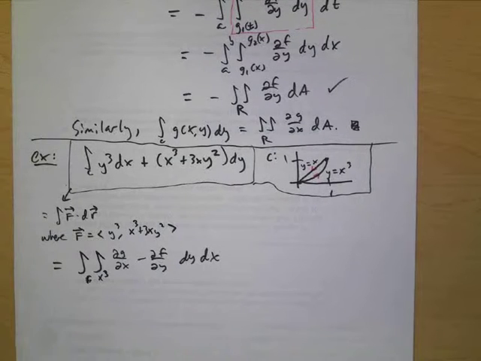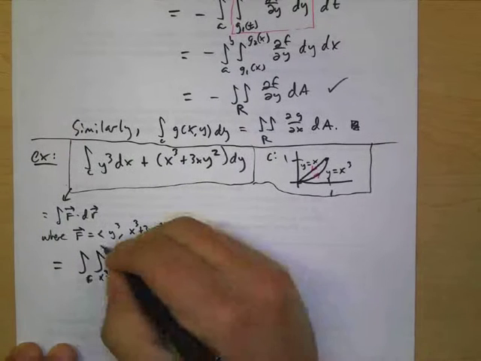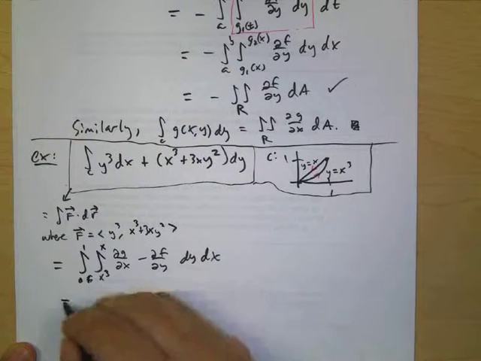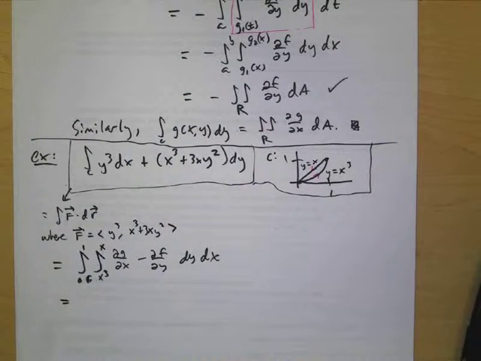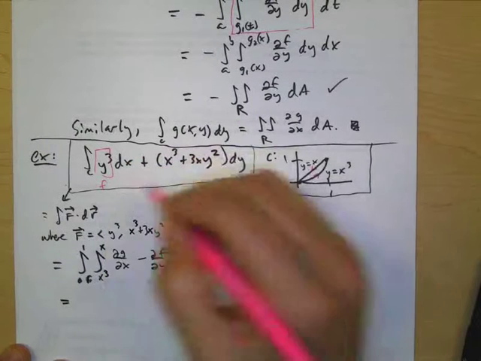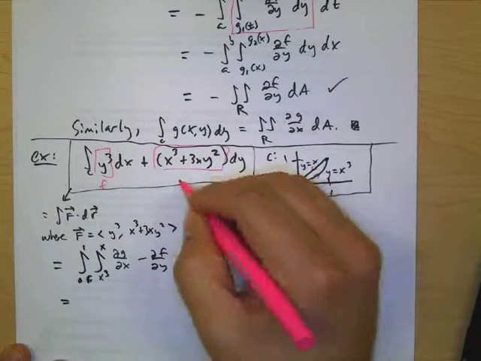And then for x, what would the bounds be? 0 to 1. So then all we have left to do, remember that this is f of xy right here, and this is g. Let's plug everything in.